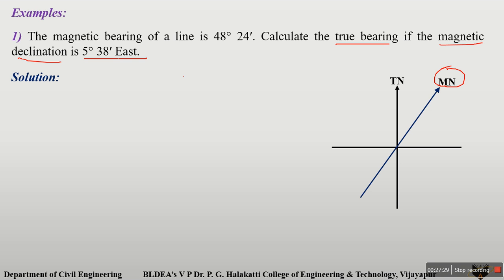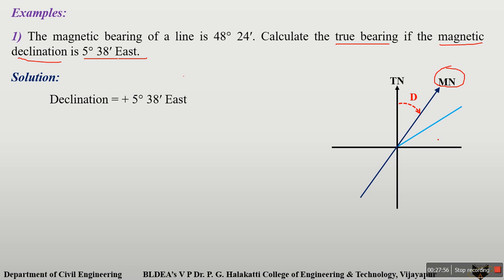They have given the magnetic bearing of the line, which is measured from the magnetic north only. The angle between this true north and magnetic north is our magnetic declination, that is 5 degree 38 minutes east.